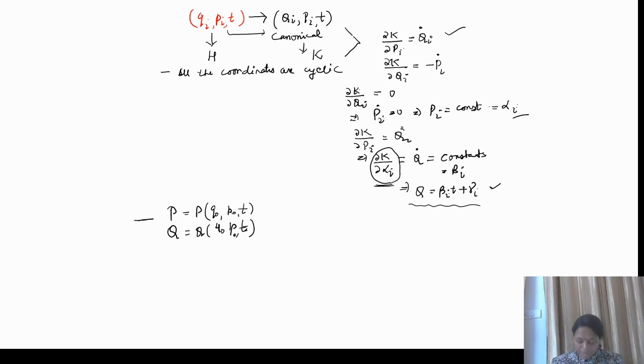Then when you change your q, p to capital Q, P, finally you will get your equations of motion in terms of initial coordinates.